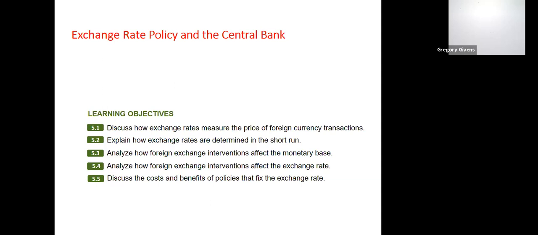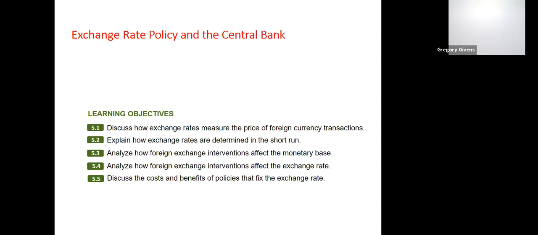Because it turns out that lots of central banks across the world actually do frequently intervene in foreign exchange markets to try to either peg their exchange rate or at least manage the fluctuations in their exchange rate. Lots of countries' own domestic economic conditions are highly sensitive to exchange rate fluctuation.